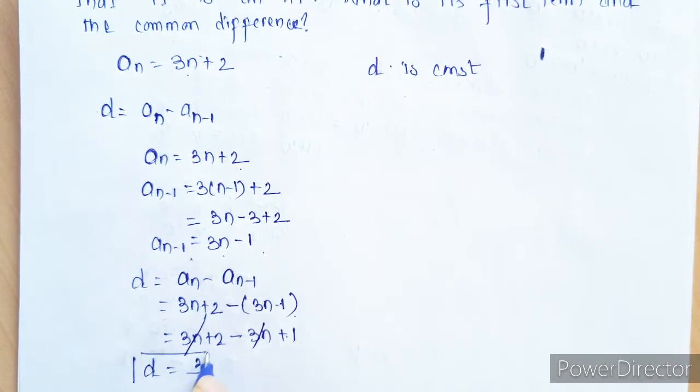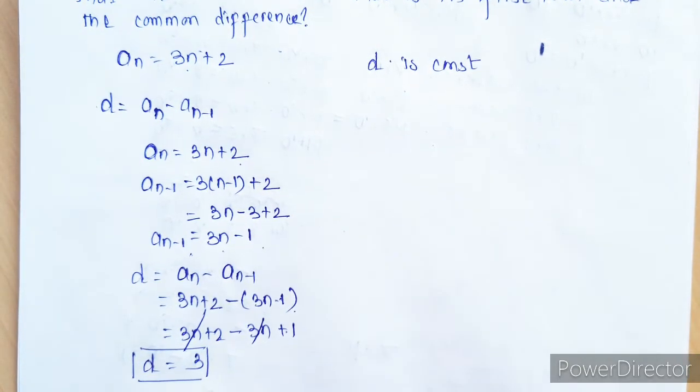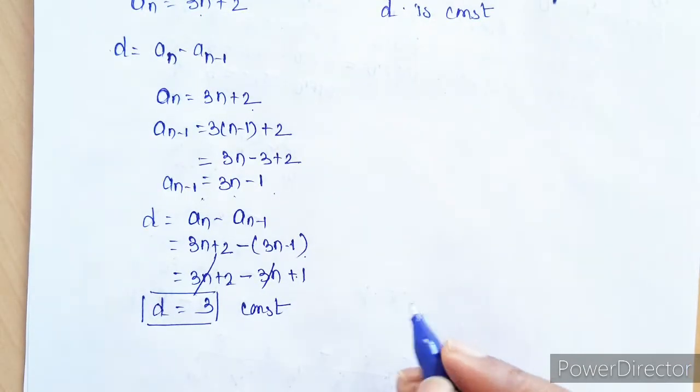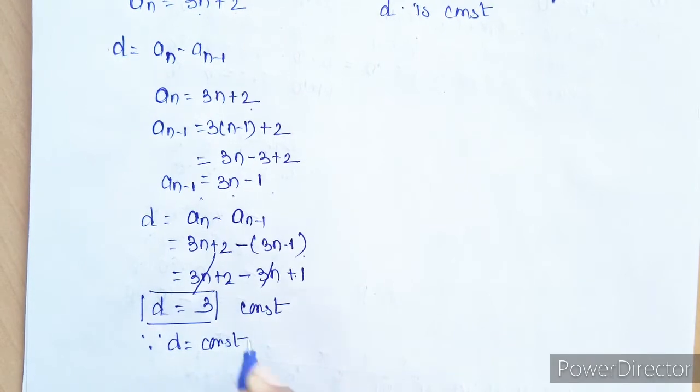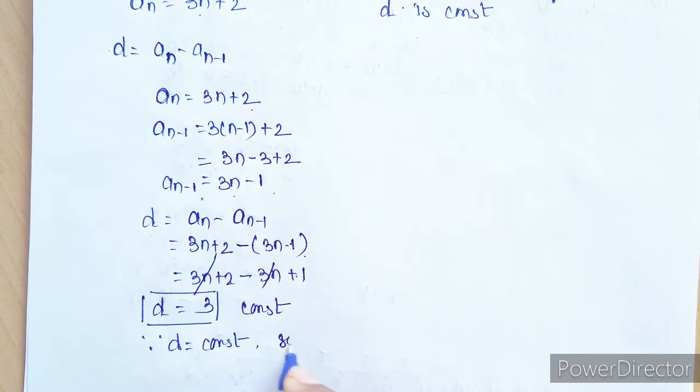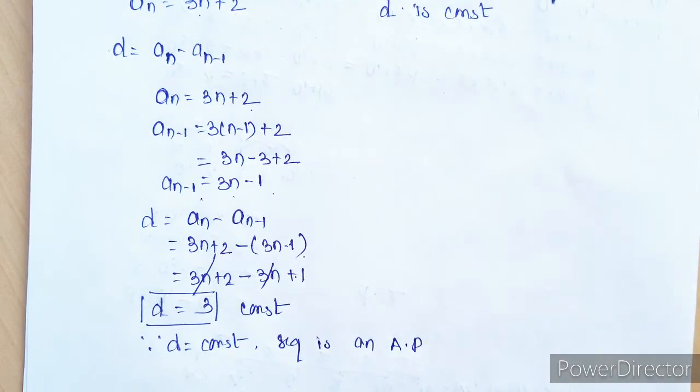So our difference in this case is 3, and since it is a constant, we can say the given sequence is an arithmetic progression, since d is constant.